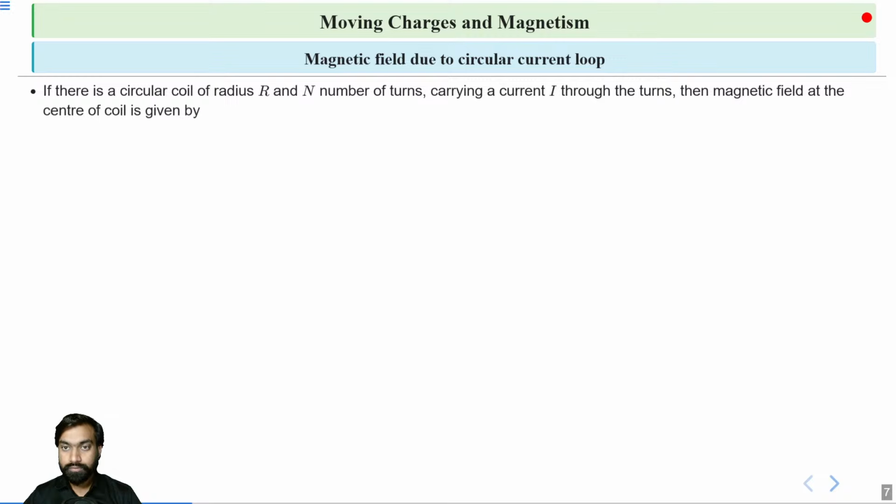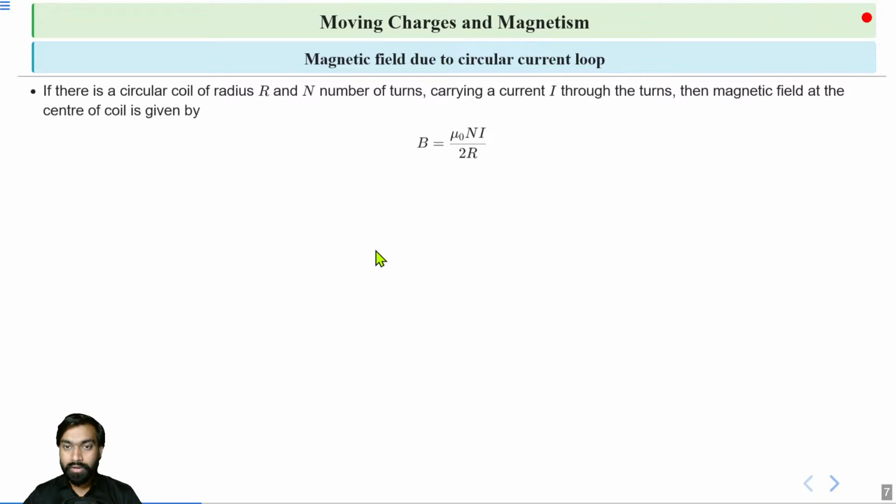When a current I flows through the coil, it creates a magnetic field at the center of the coil. The magnetic field B at the center of the coil is directly proportional to the number of turns N, the current I, and inversely proportional to the radius R of the coil.